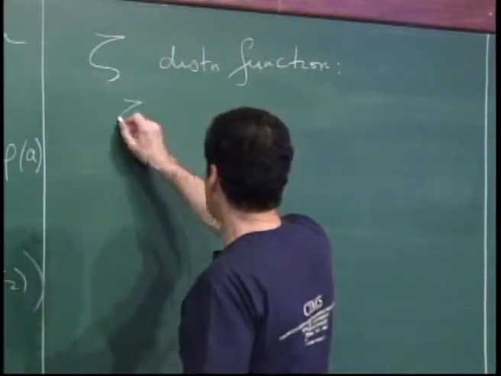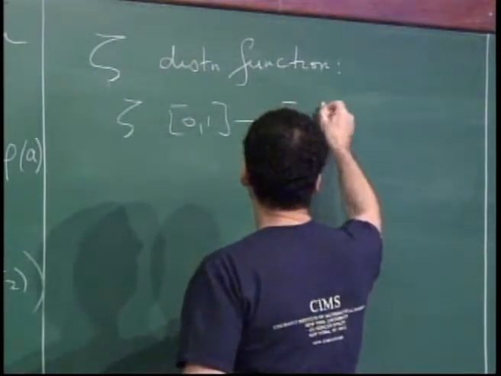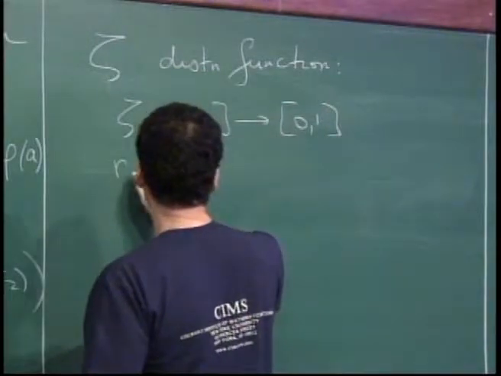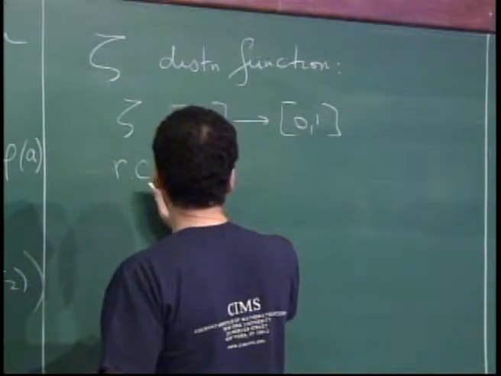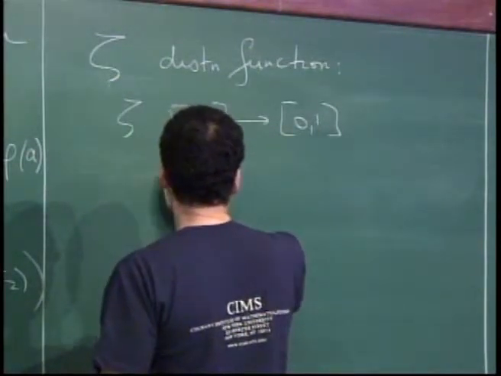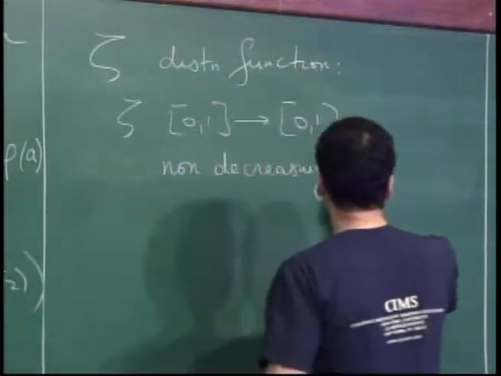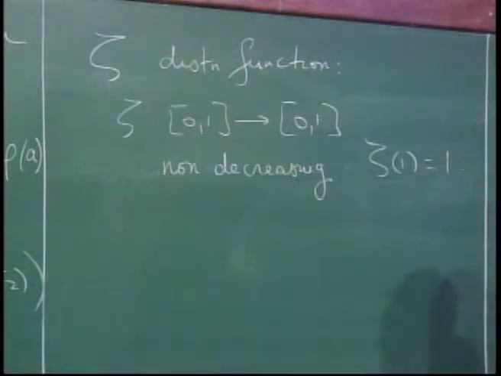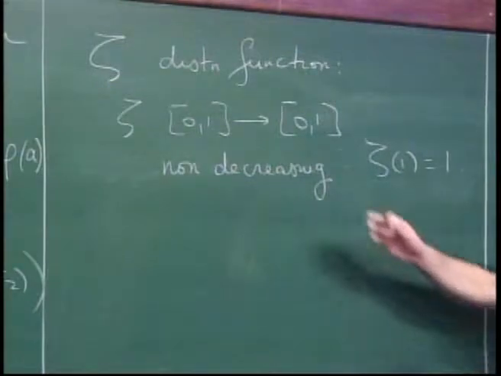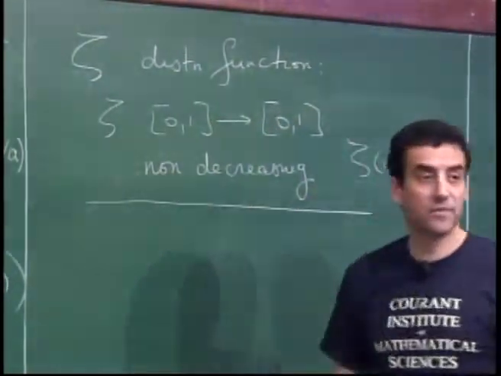So here zeta is just a function from 0, 1 to 0, 1, which is right continuous, with left limits, I mean, the usual thing, and non-decreasing. Okay, and of course, zeta of 1 is 1. So I could parameterize the rho by the distribution function, and that's what is usually done.